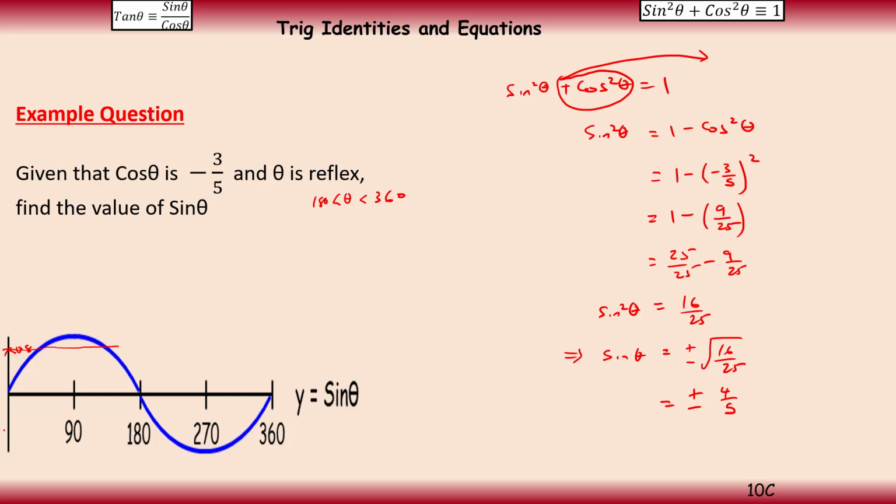But negative 4 over 5, it's going to be down here somewhere. Minus 0.8. And when I draw my line, fantastic. It intersects the curve there and there. Okay, so I think my answer is going to be there. But for these purposes, I can say sine theta is equal to minus 4 over 5, because positive is too small, it's less than 180.